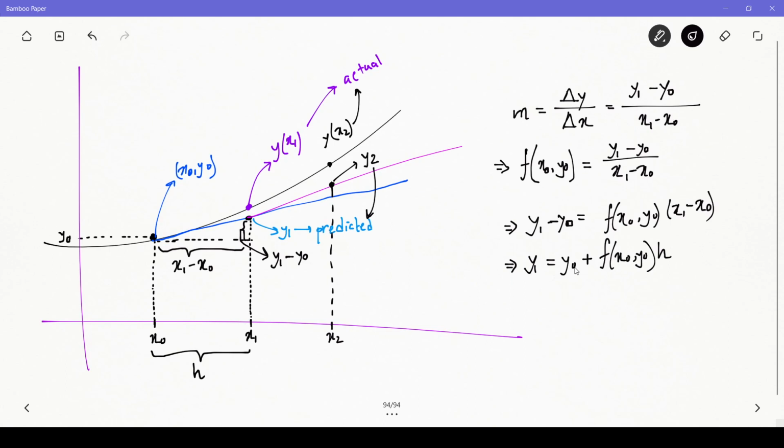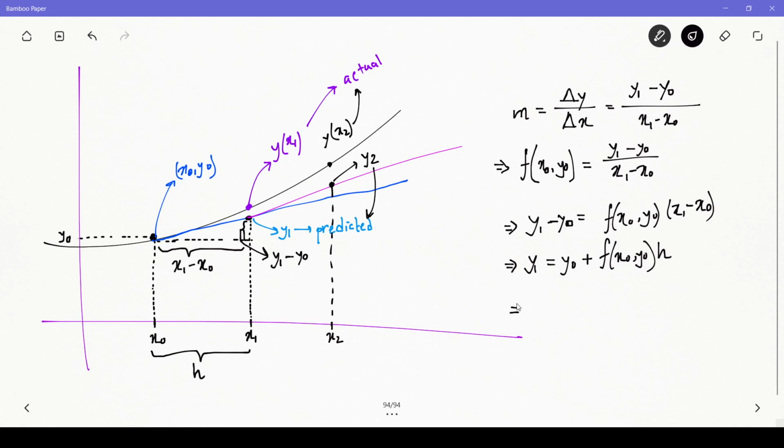Fine. So this is, long story short, the formula that you use in Euler's method, the formula that we use to approximate the value of y1 given our y0 point and our bivariate function that dictates the behavior of the slope, right? And a particular step size that we have set beforehand. So to make it more general, let's write something like this.